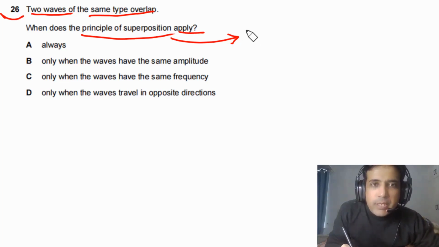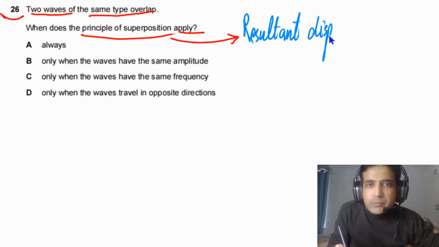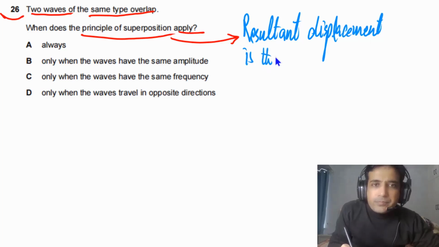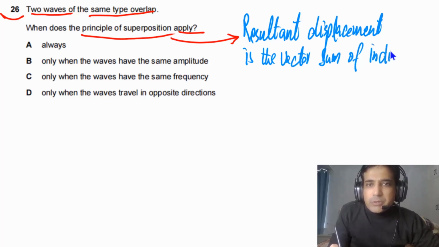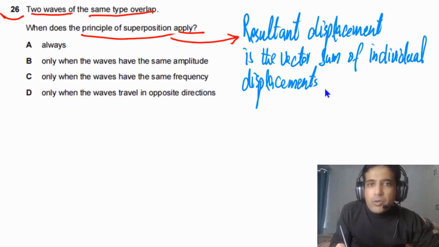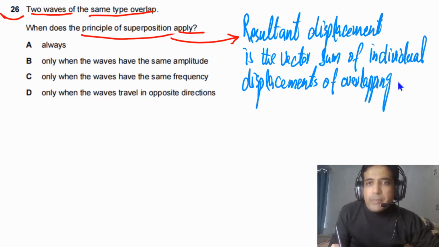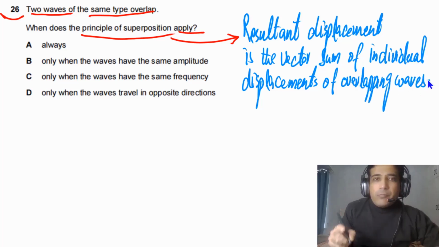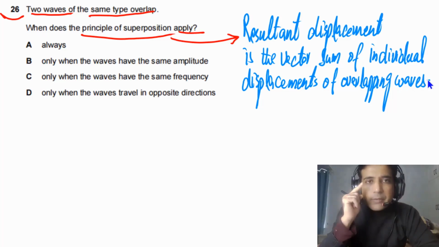So simply we can say the resultant displacement is the vector sum of the individual displacements of overlapping waves, and there is no condition for the direction of the waves, no condition for the frequency of the waves, and no condition for the amplitude.